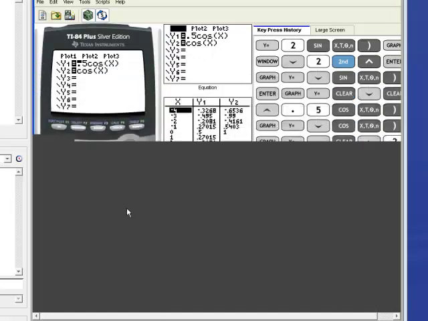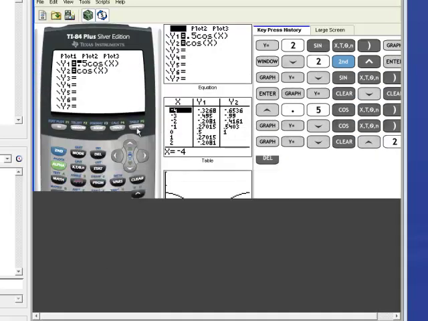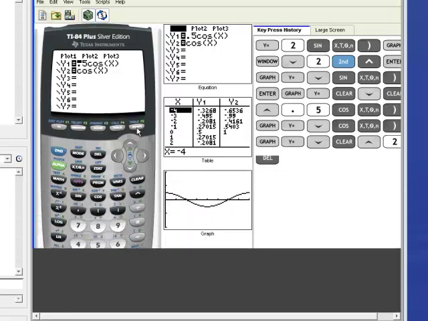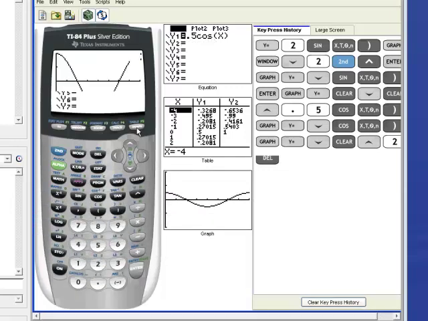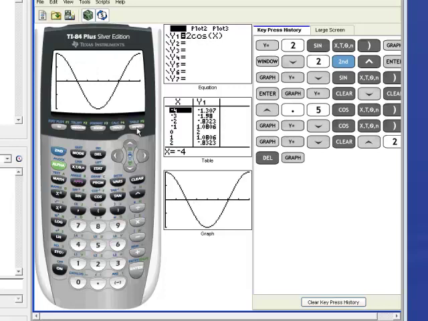I'm going to graph 2 cosine. And it looks like what we expect, starting out at an amplitude of 2. At pi over 2, it goes down to 0, and at pi itself, it goes to negative 2, and it goes back up until at 2 pi, it's back to 2.